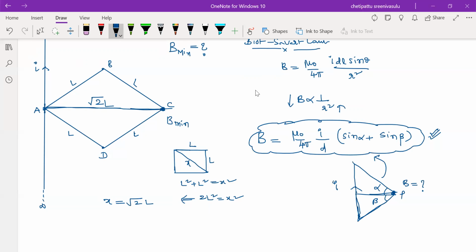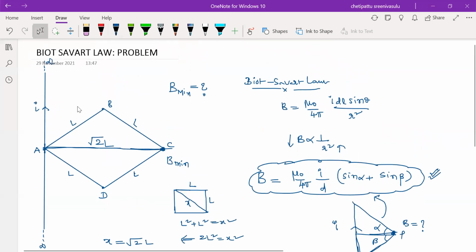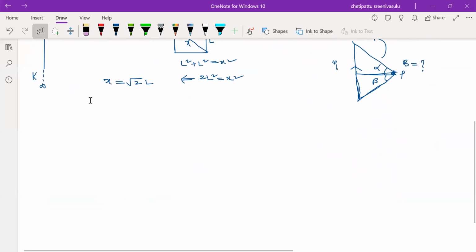For this, you look at here, this conductor is infinite, this is K, this point L, this point M, this is an infinite conductor. For an infinite conductor, you need to find alpha and beta values first of all. Already I gave how to take the alpha and beta values for an infinite conductor, I am explaining again.